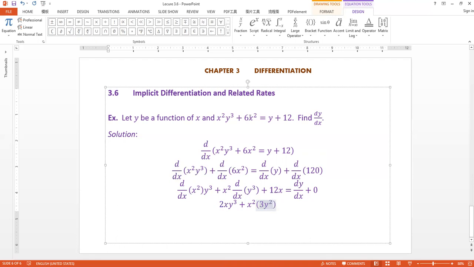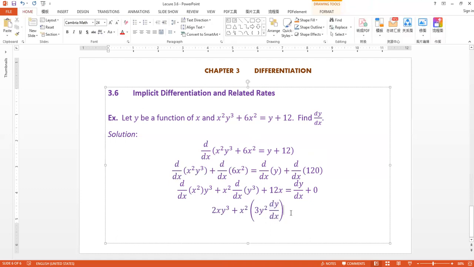That's the part a lot of people will forget. It has to multiply the derivative of y, because y is a function of x. So remember the chain rule. This is the second term, and then we got 12x equals dy over dx.